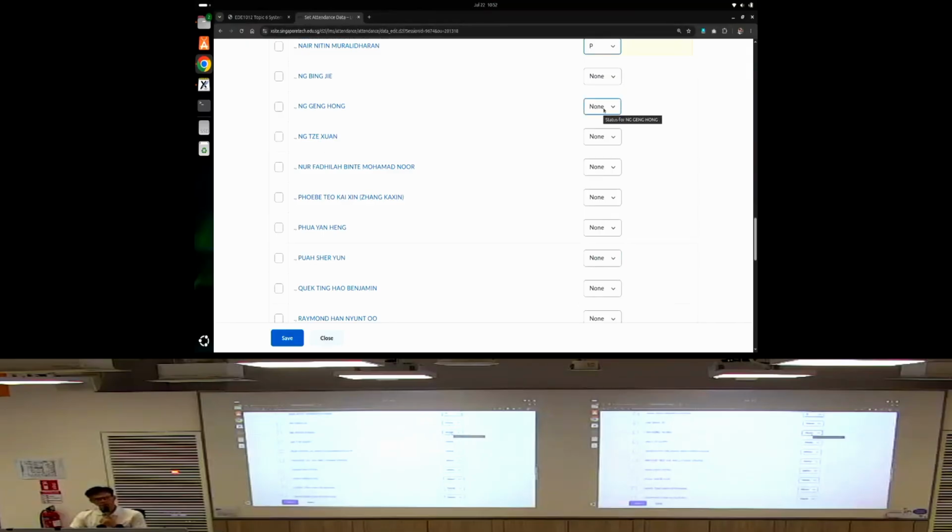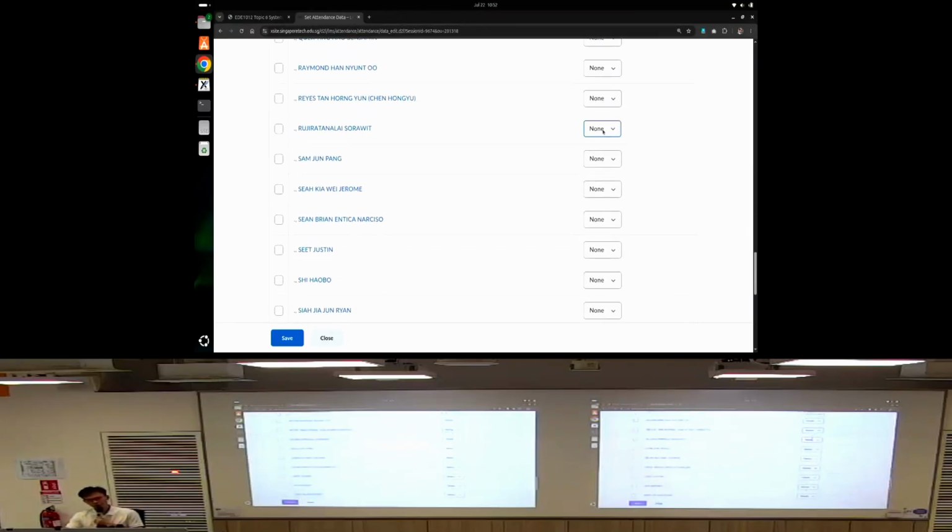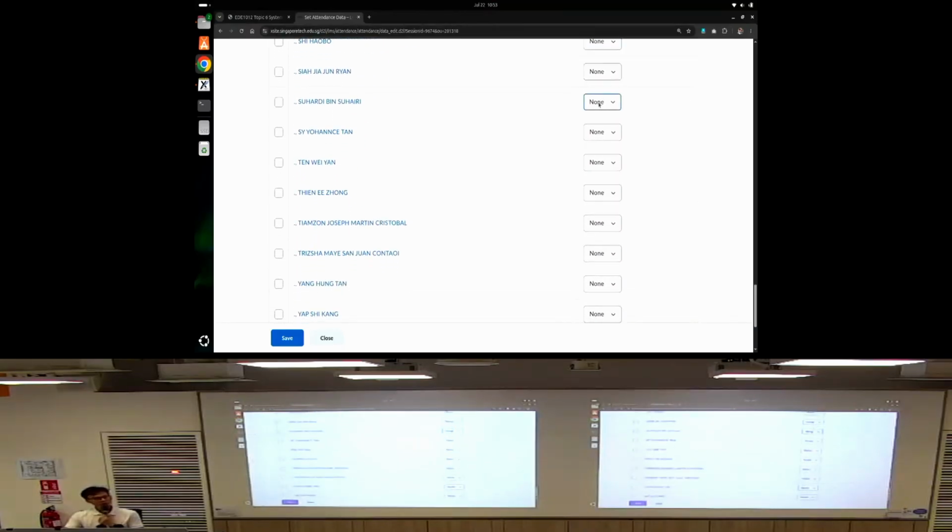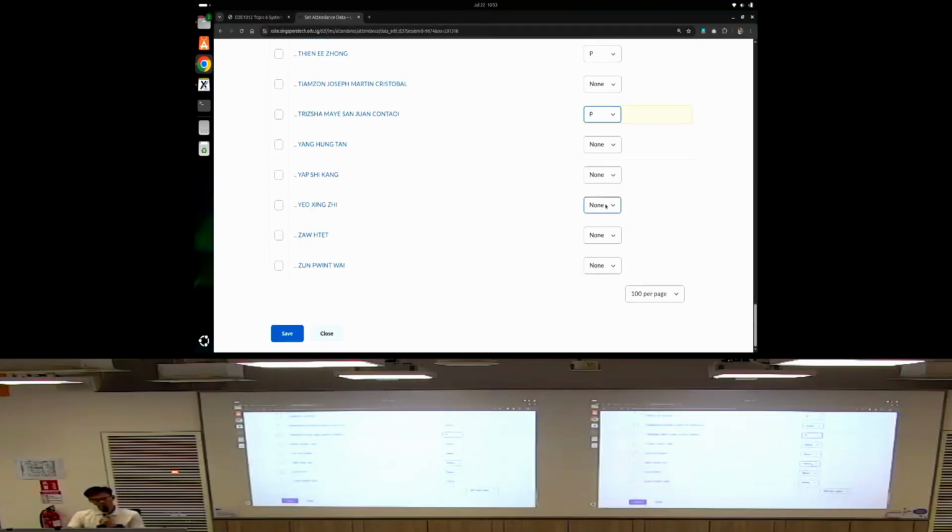Bing Jie, Peng Hong, Zixuan, Fadila, Phoebe, Yan Heng, Sherwin, Benjamin, Raymond, Reese, Rujira, Junpang. Jerome, no. Sean Bryan, no. Justin, Hao Po, Ryan, Sohadi, Johans, Wei Yan, Yi Zhong, Tianzhen, Trisha, Yang Hong, Zhi Kang, Xing Zhi, Zotet, Zumpin.